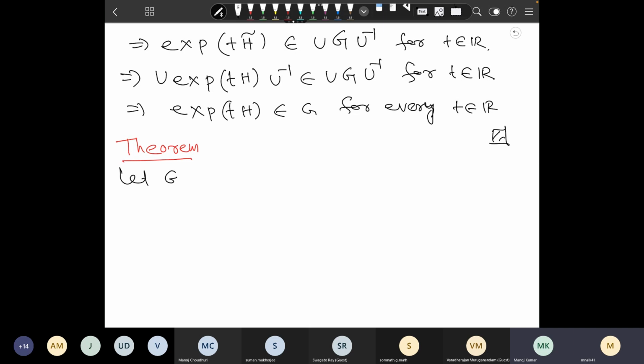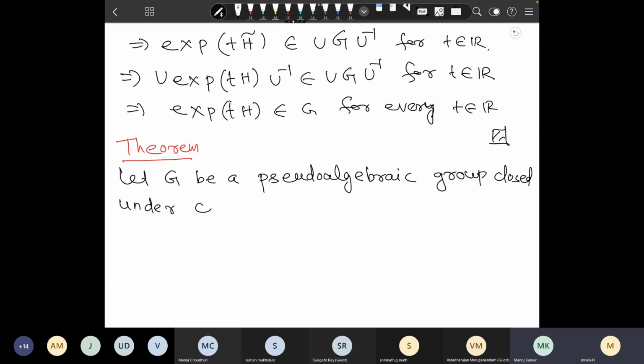So let G be a pseudo-algebraic group closed under conjugate transpose.